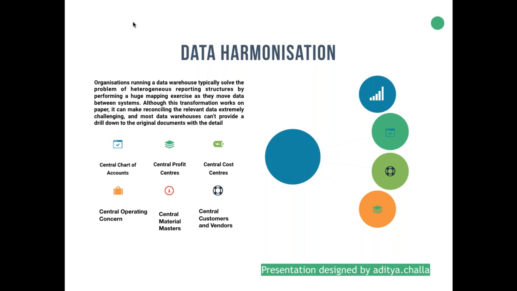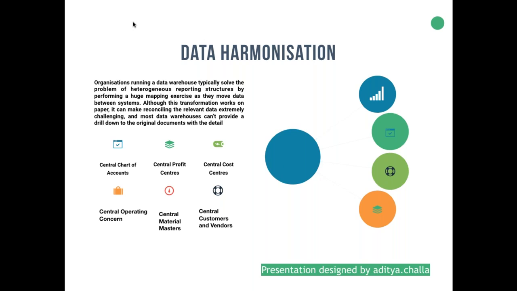So for this, what exactly do we need to do? Will the normal chart of accounts work, or the profit center, or the cost center? No. What we need to do is build up the central chart of accounts. Say we have two or three company codes. The basic fundamental principle is that for these company codes, the currency and the fiscal year variant must be the same.